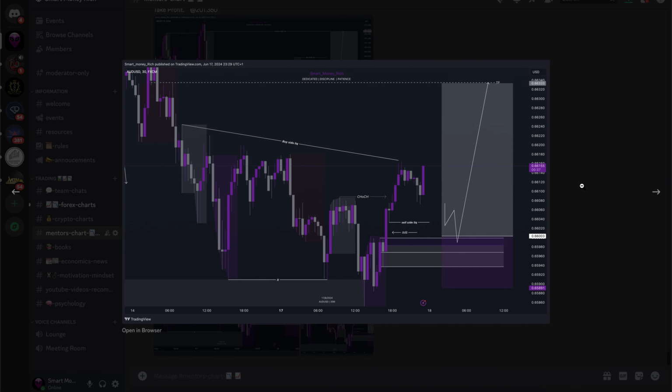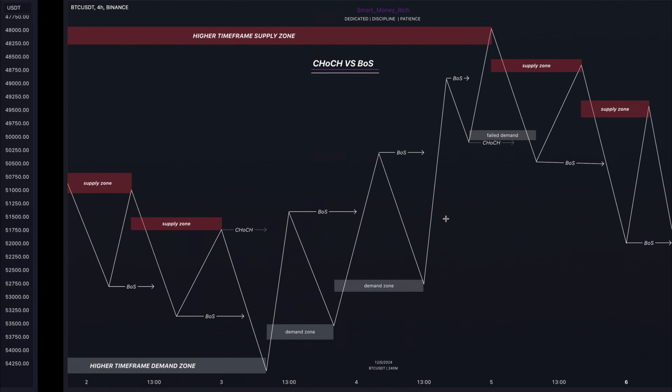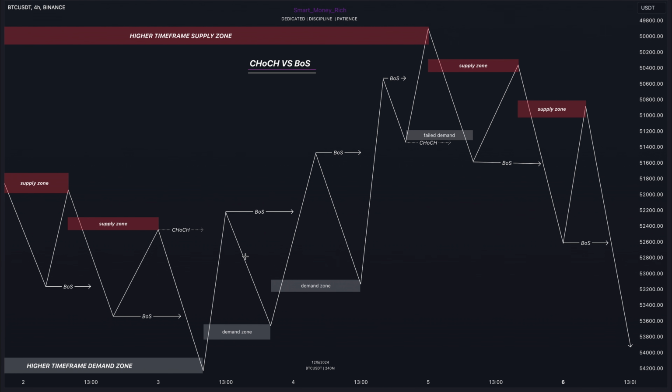Character, right? So in this case, if I take you to this schematic right here, once price gives us a break to the downside, and then price taps into a higher time frame demand zone, and that demand leads to an impulsive move to the upside that breaks above the previous high, this simply means that the trend has switched from downtrend to uptrend, which we call a change of what?